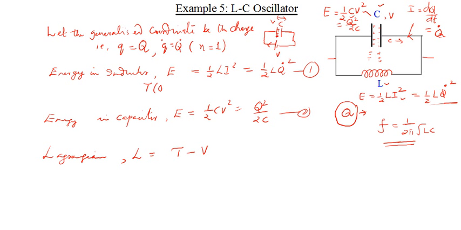So the energy stored in the inductor is regarded as the kinetic energy part. And in the same manner, since the energy stored in the capacitor is a function of the coordinate, we will identify the potential energy as the energy stored in the capacitor.